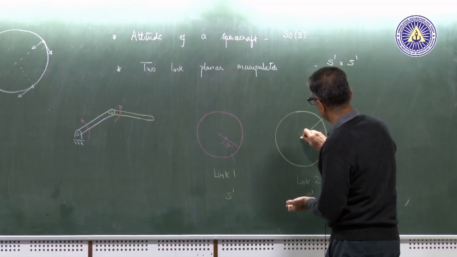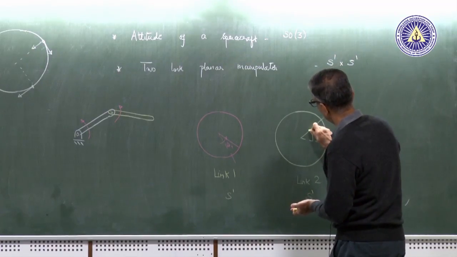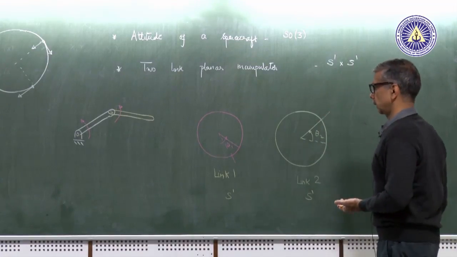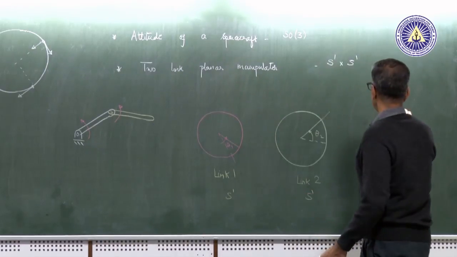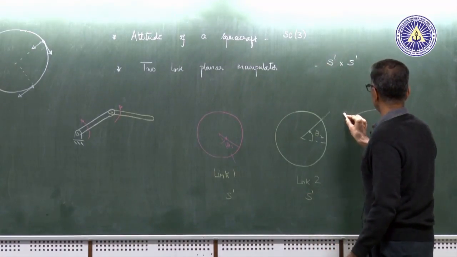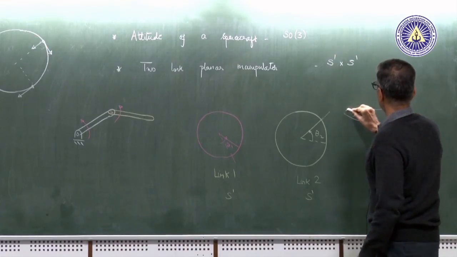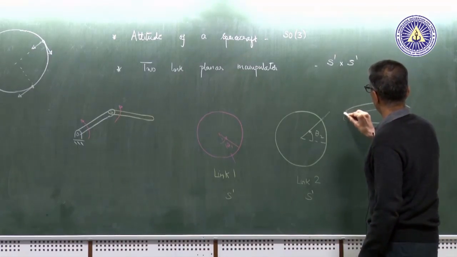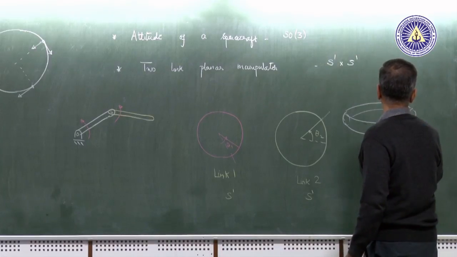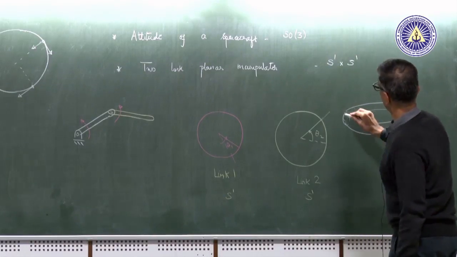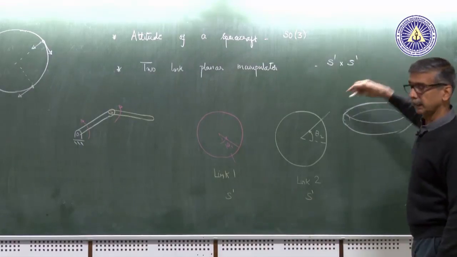So, this is with reference to some reference, describing theta 2, right. A nicer way of looking at this is you can think of it as emerging from what is called a torus, a ring.